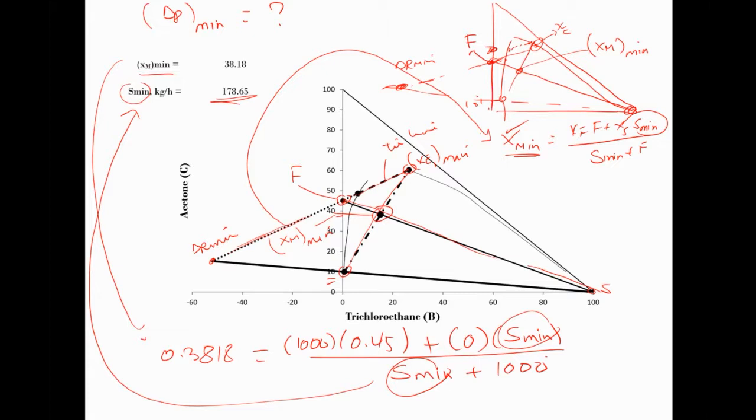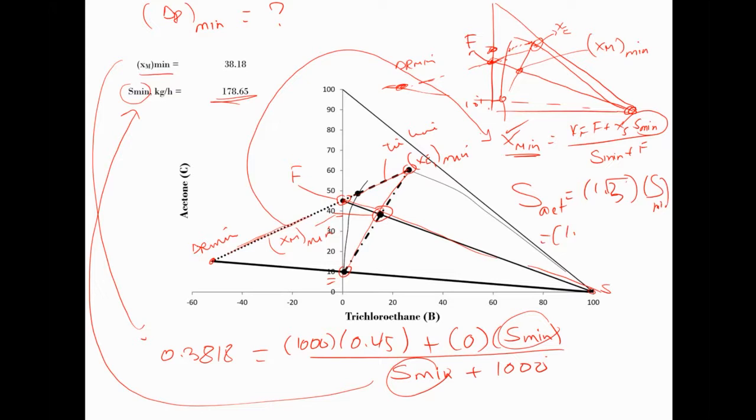Now I know this is minimum. What I'll do now, I'll have to find out the number of stages, but now I have to change the flow rate of the S because he's telling me from the statement of the problem, part B, the number of stages required for a solvent rate equal to 1.5 times. So I will work out the problem where S actual is equal to 1.5 multiplied by S minimum.